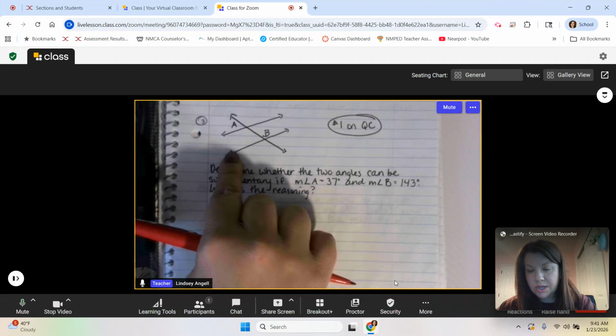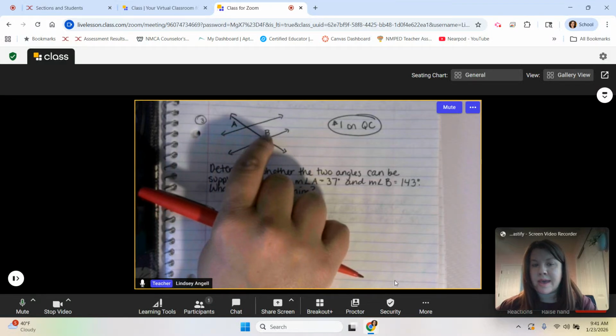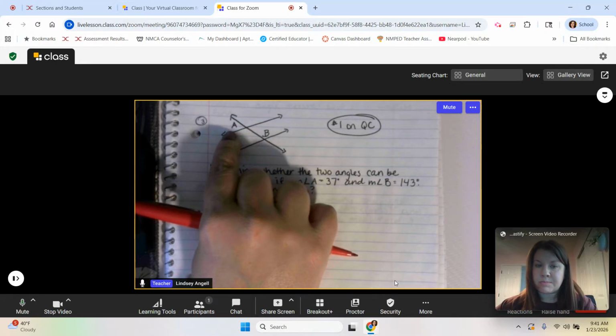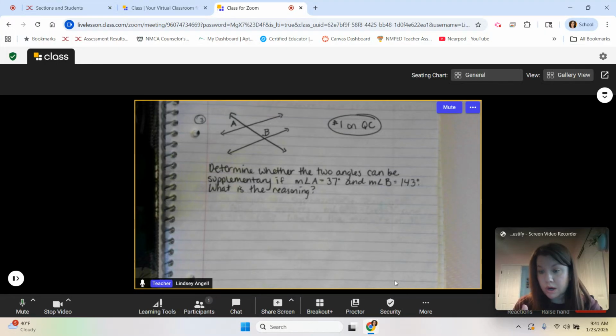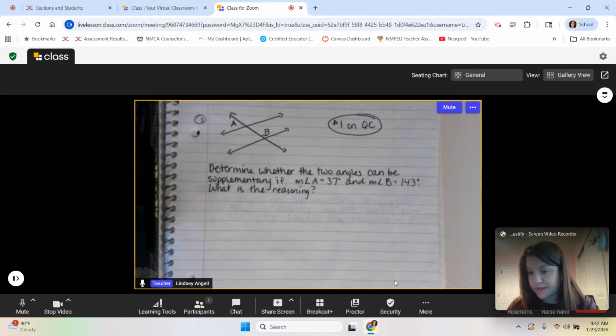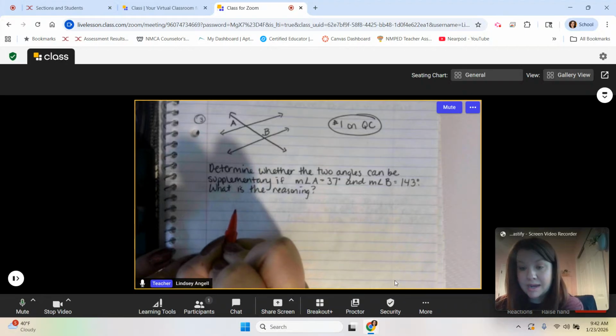If you look at your quick check on the computer, these two lines look parallel, which would mean that B is congruent to this angle here, which is supplementary to A. But being that we don't know for sure that these two lines are parallel, we can't use that as reasoning. What we can do is add them together.